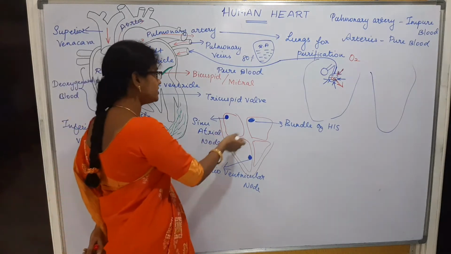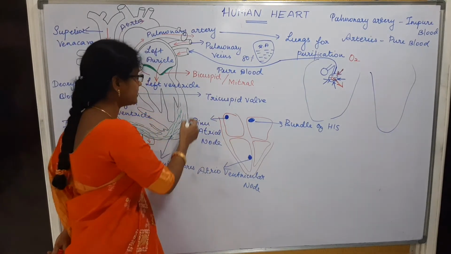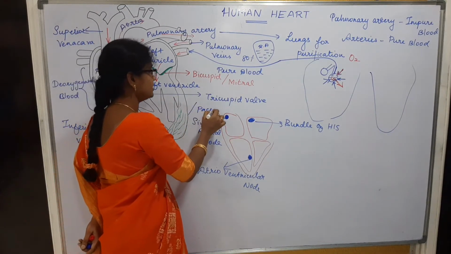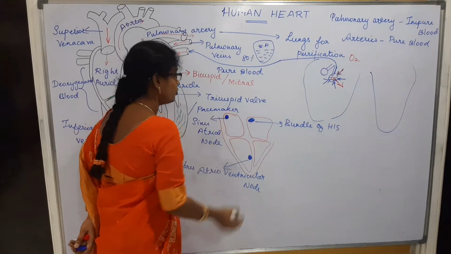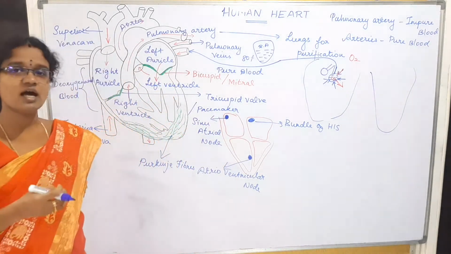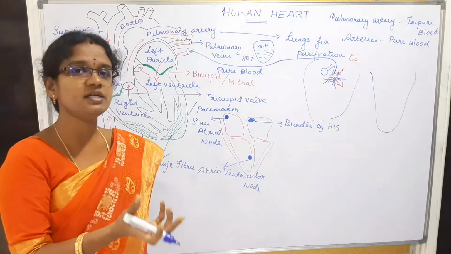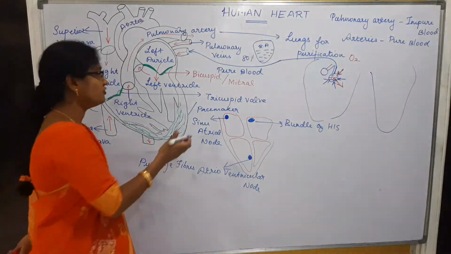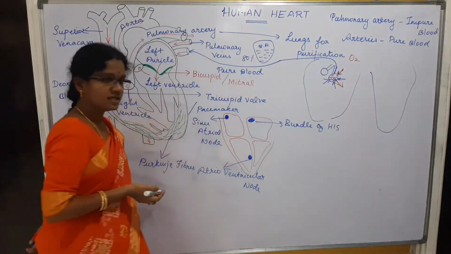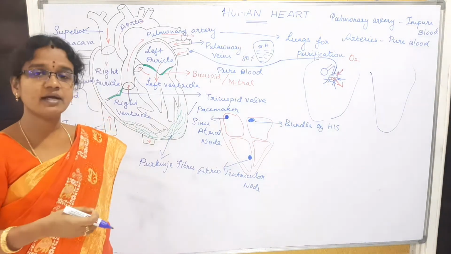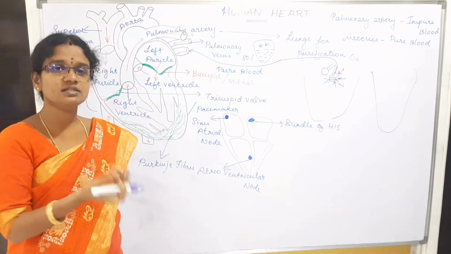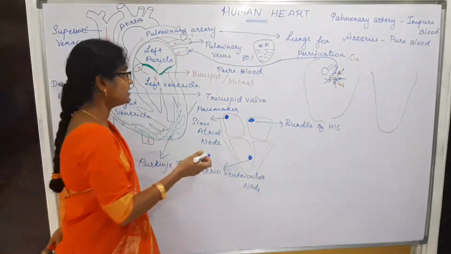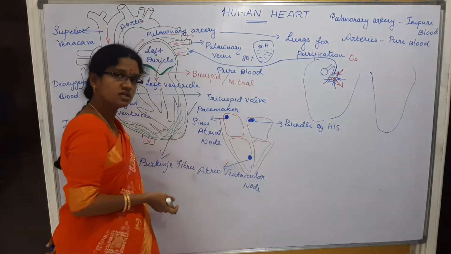The sinoatrial node is also called the pacemaker. It starts stimulating the impulse over the walls of the left auricle. Automatically it stimulates the positive and negative charges over here.